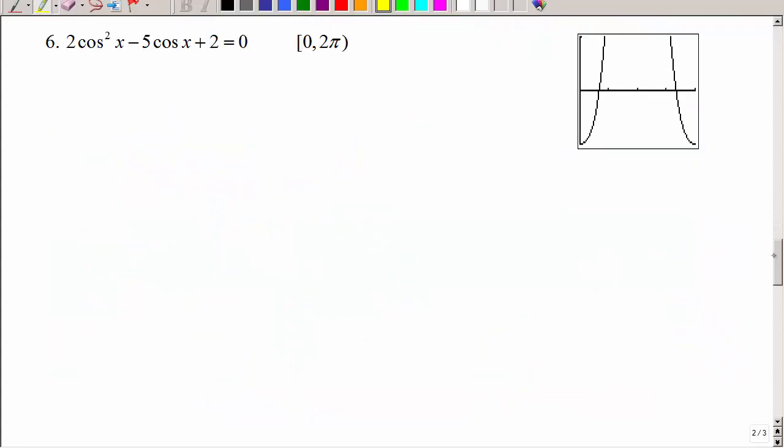I would like for you to try this problem on your own and be prepared to discuss it in class. But again, I am going to give you some hints. I have graphed this over here between 0 and 2 pi. And since that's equal to 0, we're looking at when it crosses the x-axis, or when y equals 0, at 2 points.